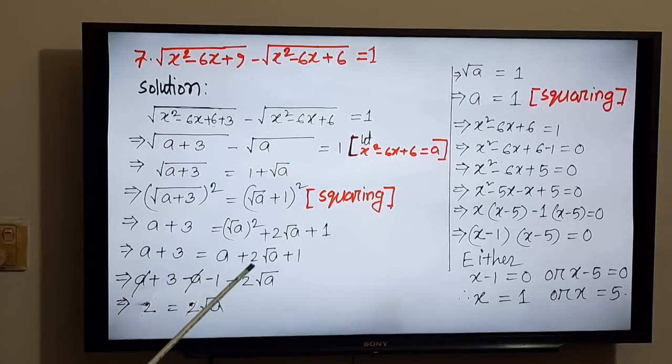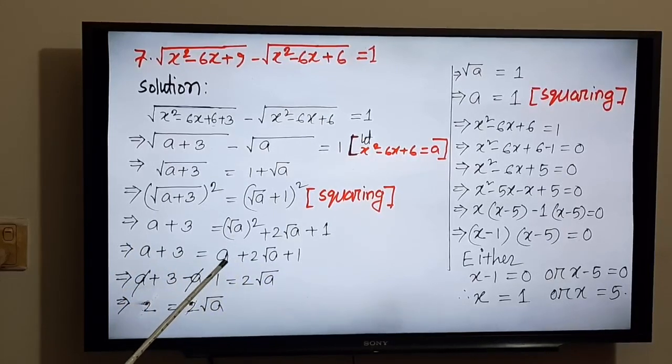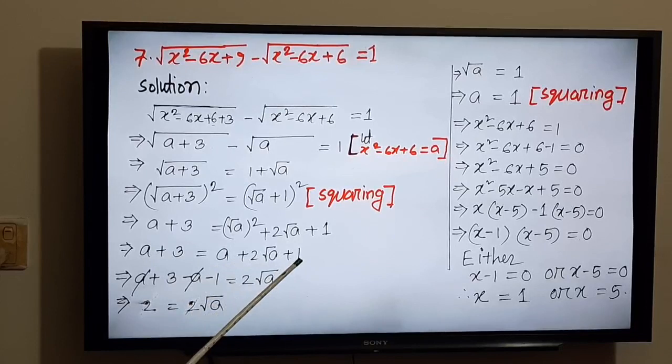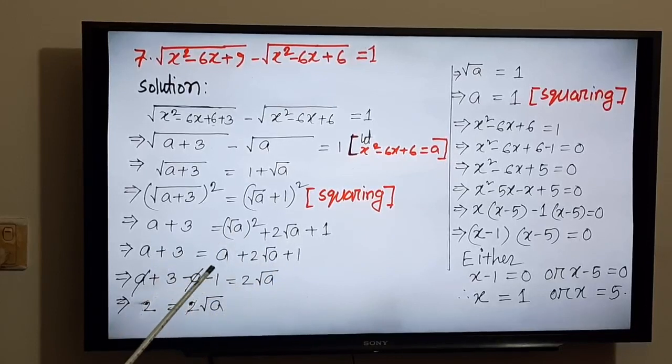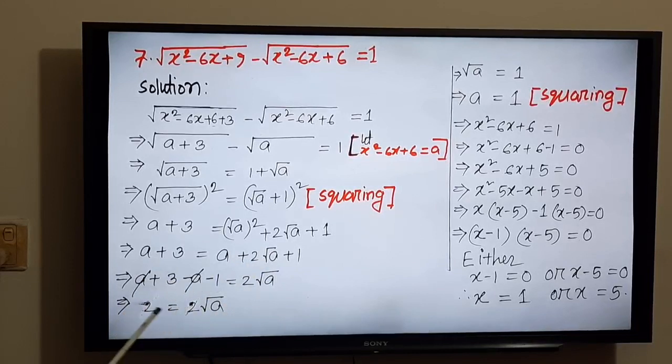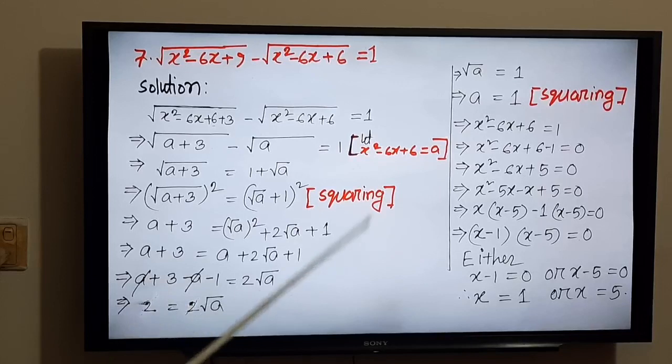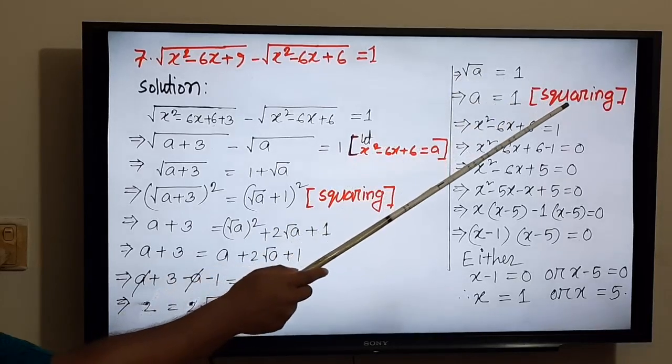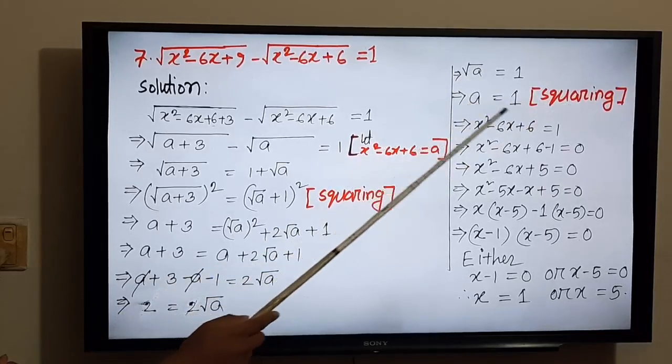Transfer a and 1 to the left hand side: plus a becomes minus a, plus 1 becomes minus 1, then 2 root over a. And plus a minus a is 0. 3 minus 1 is equal to 2, so 2 root over a. Dividing both sides by 2, we can write root over a is equal to 1, and squaring again, a is equal to 1.